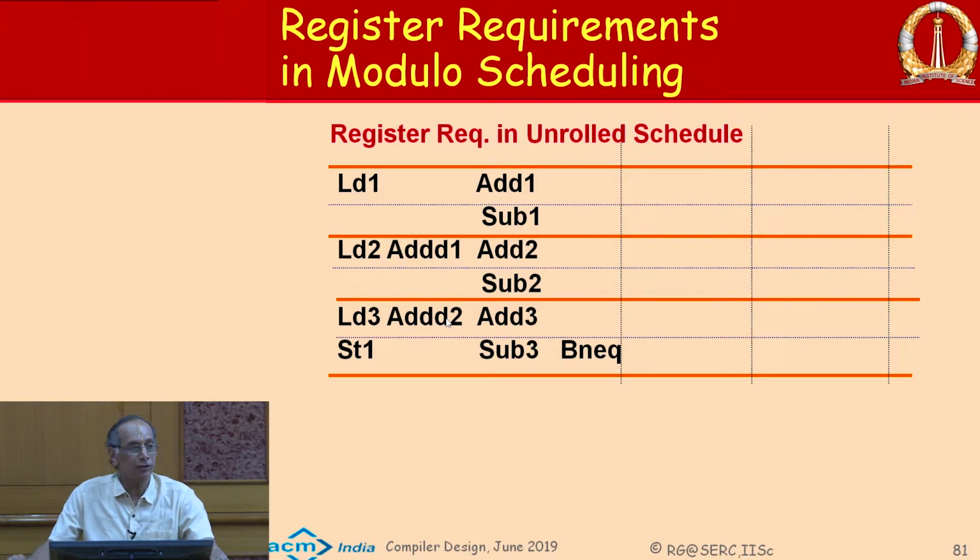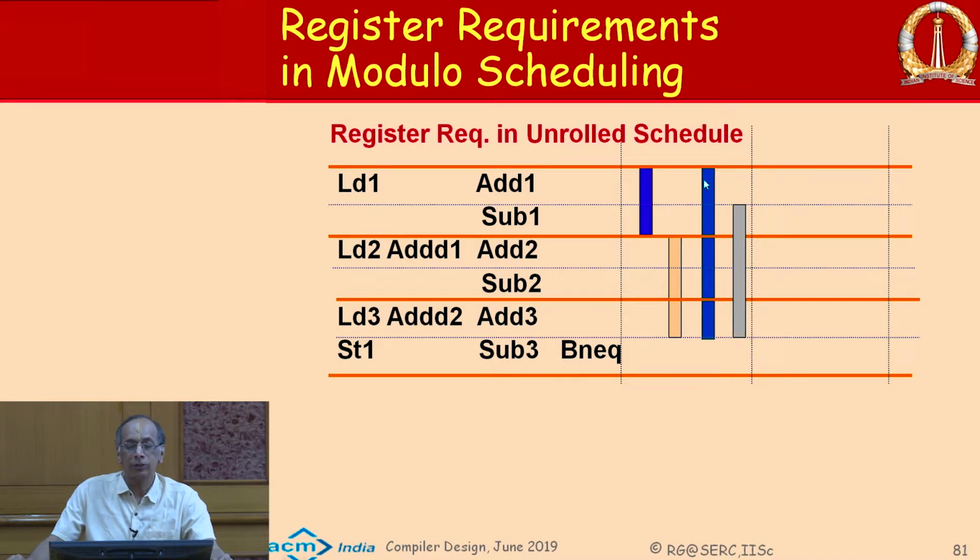Now, let us look at the register requirements and their live ranges. Load produces a value which is consumed by the add, whereas add produces a value which is consumed by the store. Now, this is for the add instruction.